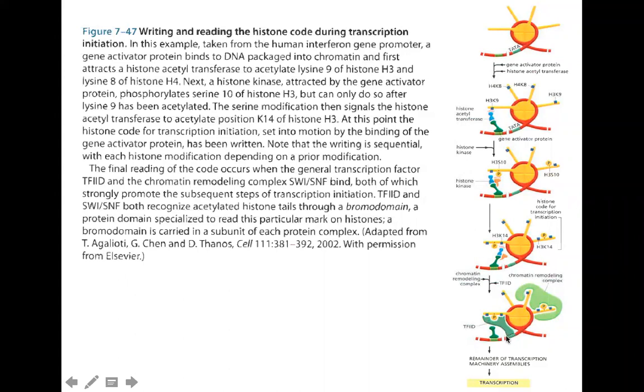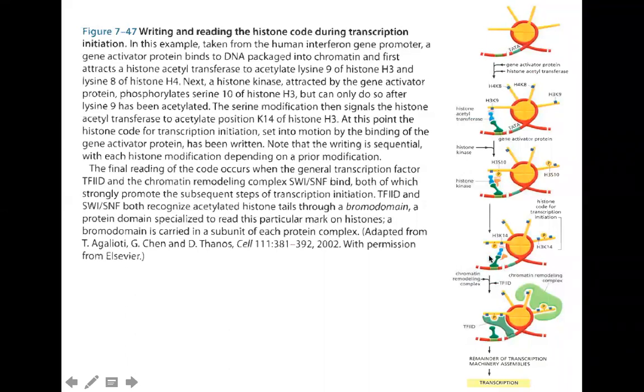In order to bind to the TATA box, it's necessary that transcription factor 2D reads a histone code on the H3 tail. The histone code that transcription factor 2D reads is S10 phosphorylation and K14 acetylation. We also have acetylation on K9. So the 9th, 10th, and 14th amino acids, these three modifications are necessary on the histone 3 tail.